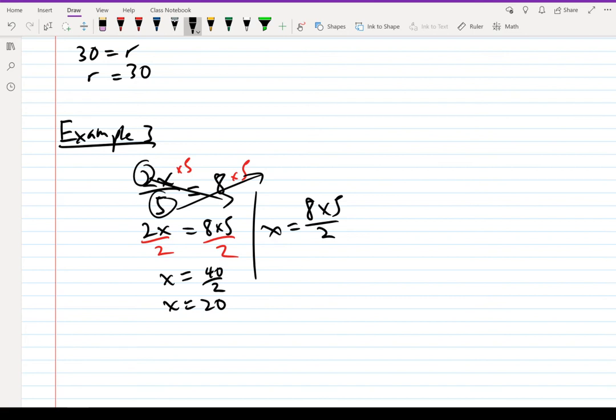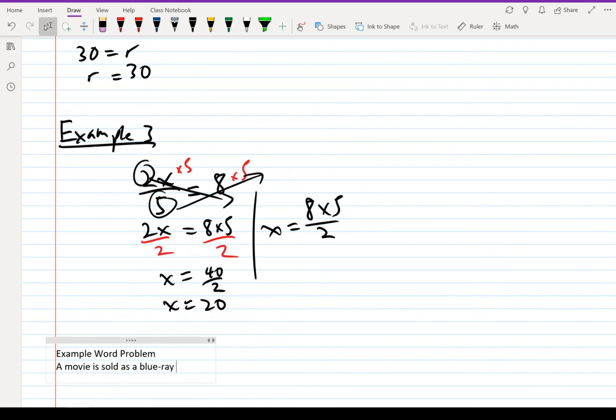And so let's do a word problem instead. This time, let's do an example word problem. So a movie is sold as a Blu-ray.